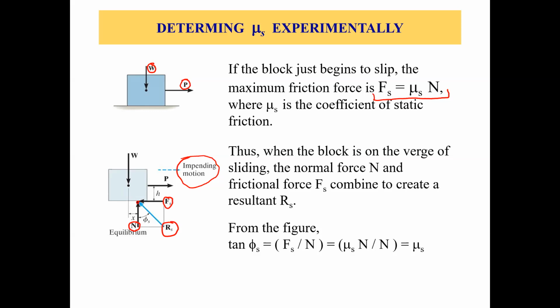So let's make a resultant out of these two forces. Now, from this figure, let's call this angle phi s. We can see that tangent of phi s equals Fs divided by N. But we know that Fs equals mu s N, so we put that here, and we get tangent phi s equals mu s. So that's how we can find the static friction coefficient.